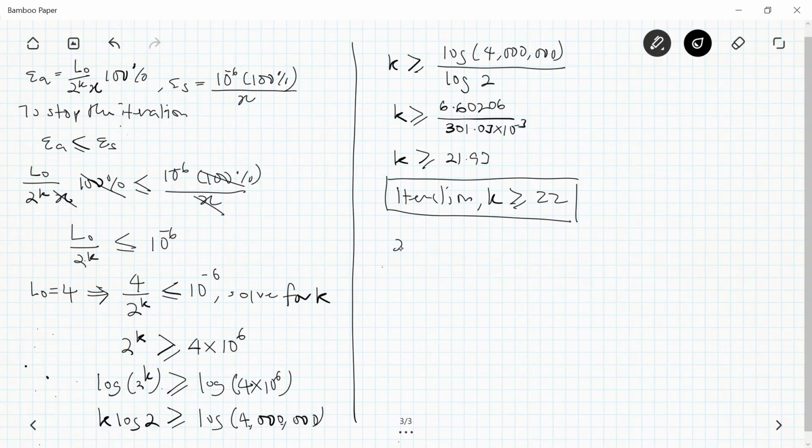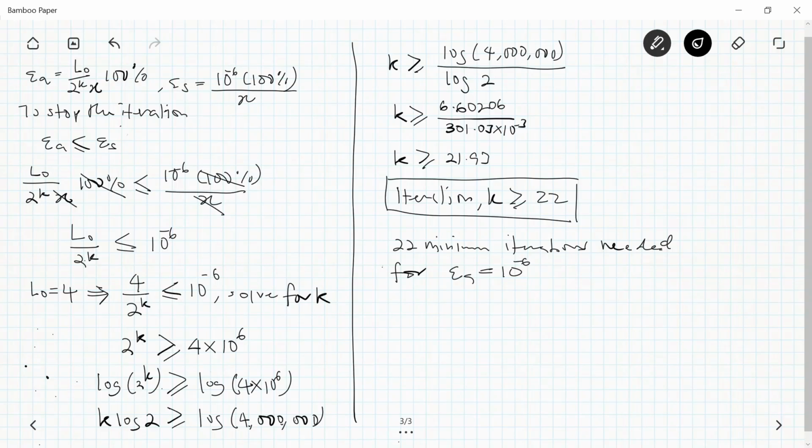So 22 minimum iterations needed for epsilon A to be less than 10 to the power of minus 6.